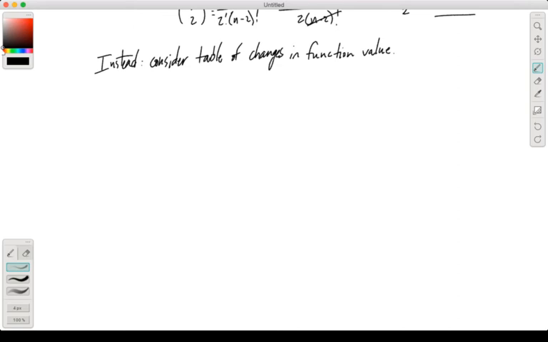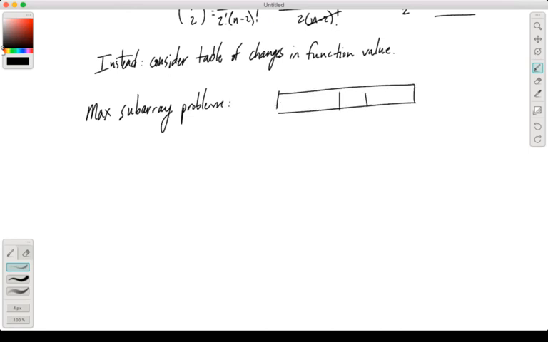So this is the max subarray problem. I want to find in an array the contiguous subarray that maximizes the sum.